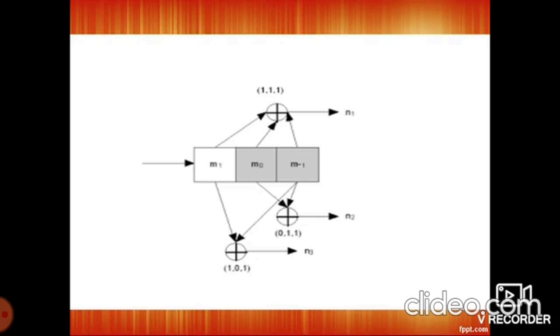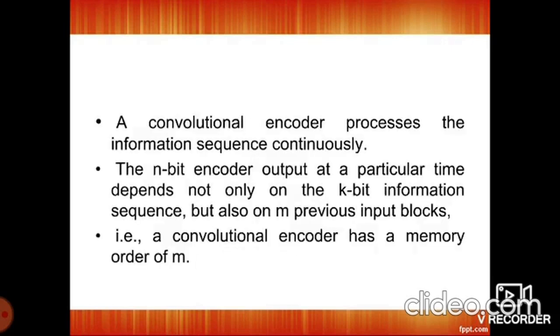Depending upon the connections, we can write the equations: n1 is m1 modulo 2 addition with m0 modulo 2 addition with m minus 1, n2 is m0 modulo 2 addition with m minus 1, and n3 is m1 modulo 2 addition with m minus 1.